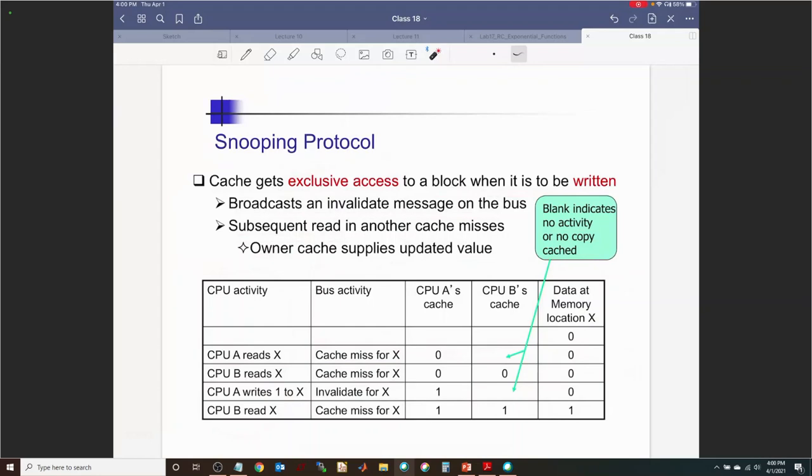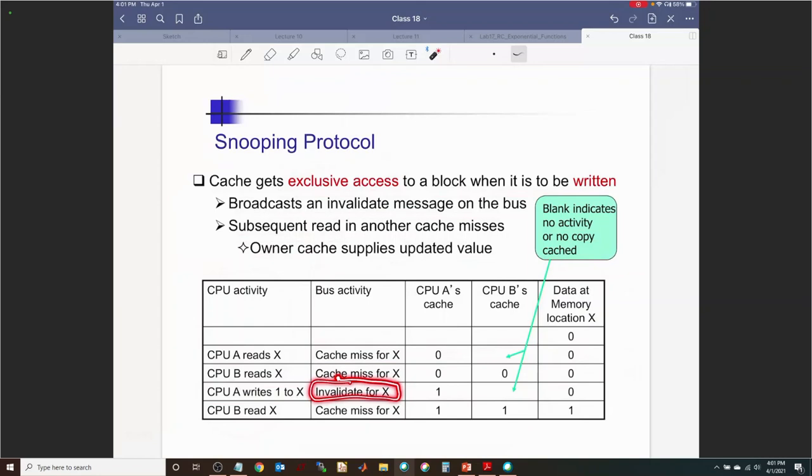Everybody is okay. Now, CPU A is going to write a 1 to X. The moment CPU A writes a 1, it gets exclusive access to that particular block, and it sends an invalidate for memory location X message on the bus so that everybody else knows you need to drop that particular memory location content.